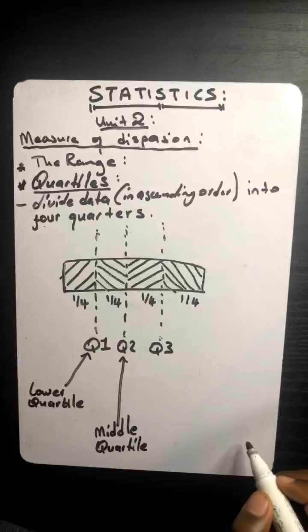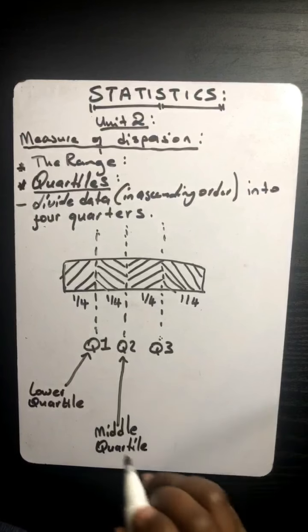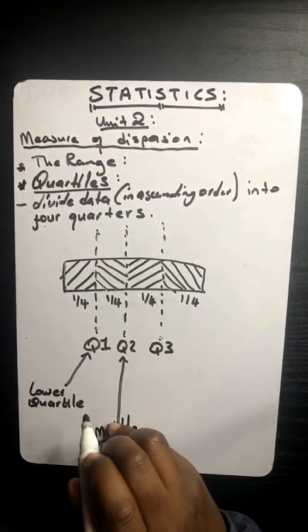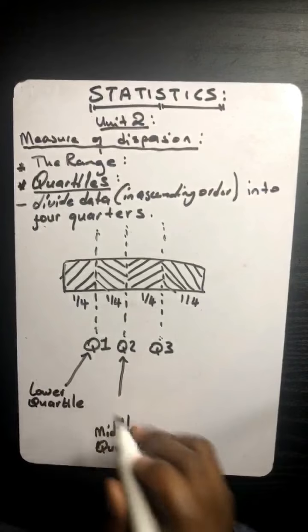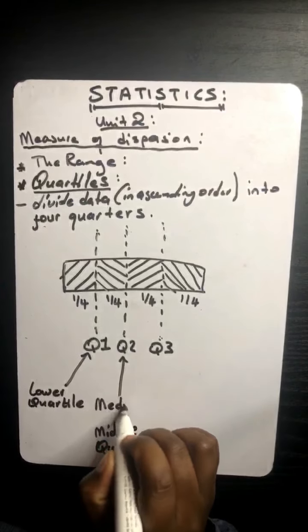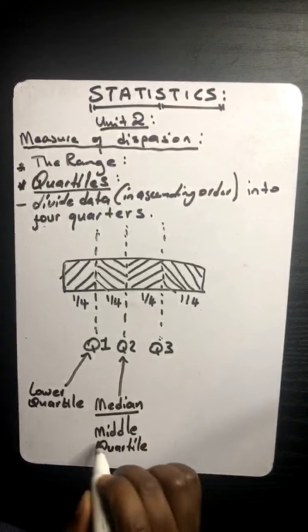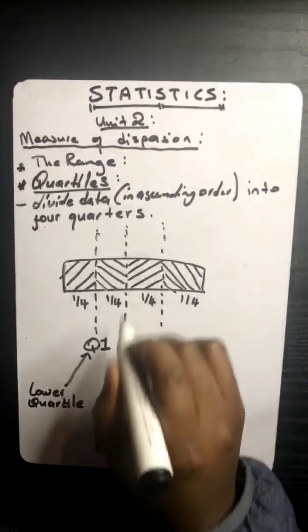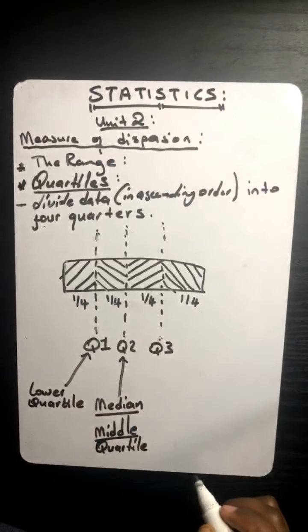The reason why I would discourage you from calling it the medium is that medium might mean something else. So we can use the median instead of medium, either the middle value or the median. You can say the median, anything that suggests that it's in the middle. Let's call it that.